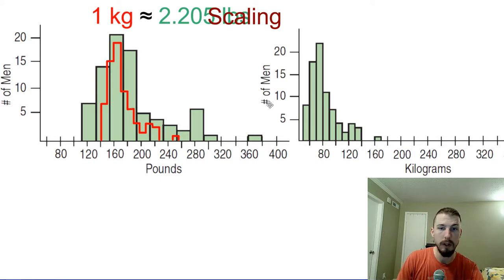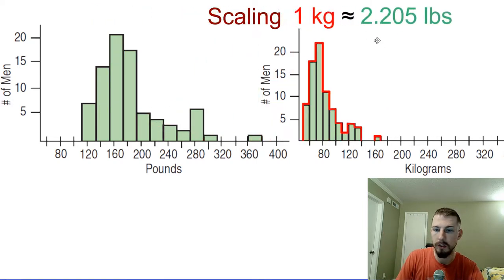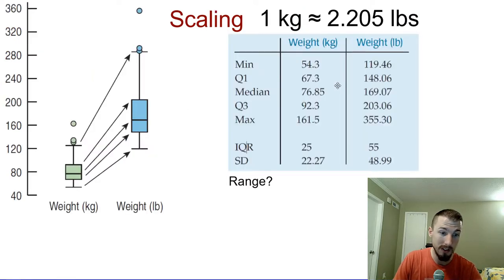Okay, so there's our scale factor, 2.205. Here's another way of showing it. Here's our 5-number summary from kilograms to pounds. Every metric is being multiplied by 2.205, our scale factor. Also notice the range is going to increase by that, including the overall range, the IQR, the standard deviation.